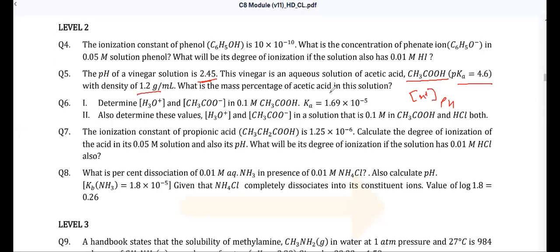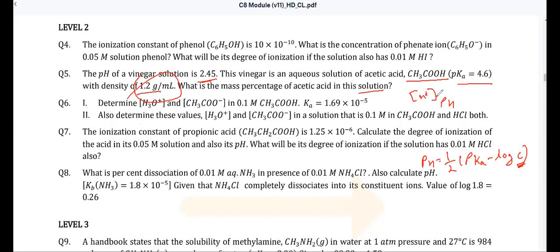What mass percentage of acetic acid is in the solution? Now you have to find the concentration. So what is the formula? pH is equal to half pKa minus log C. So from here you can find the concentration, and if you can find the concentration, you can find the mass because density is given. Then you can find the mass percentage.